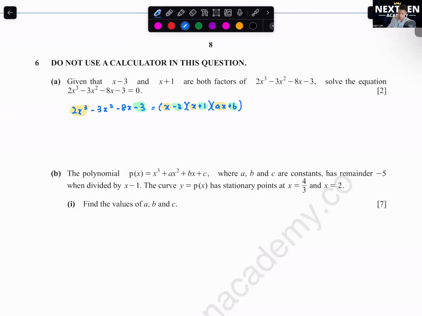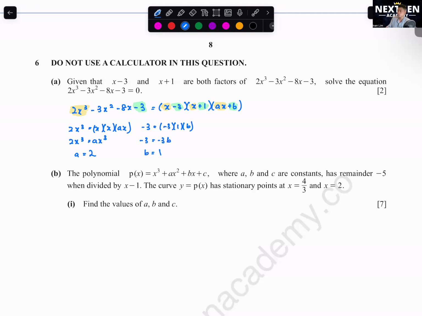So you can just do a comparison. 2x cubed equals x times x times ax, so 2x cubed equals ax cubed. A equals 2. Then minus 3 equals minus 3 times 1 times b, so minus 3 equals minus 3b.